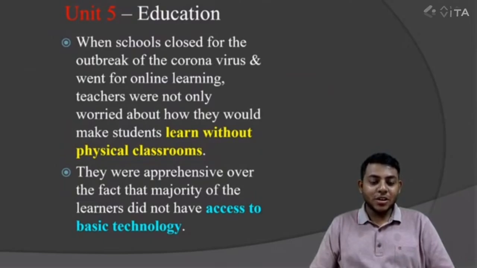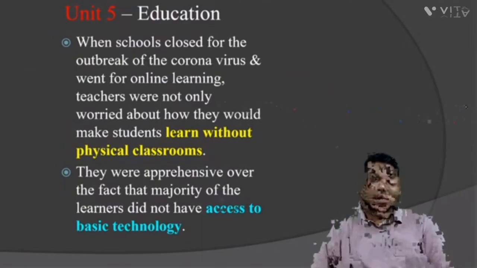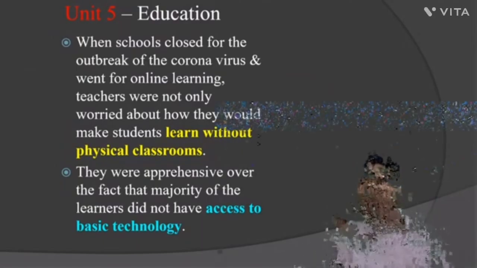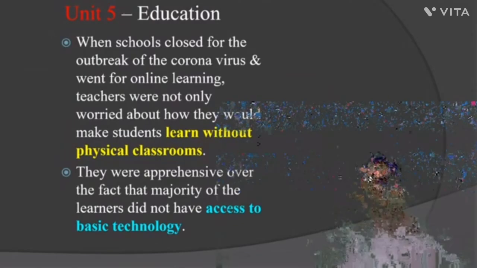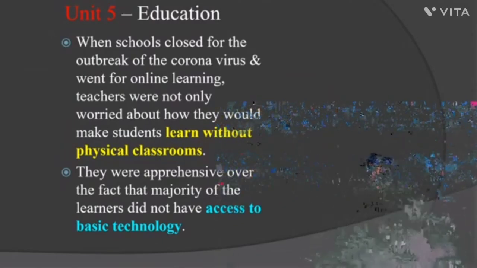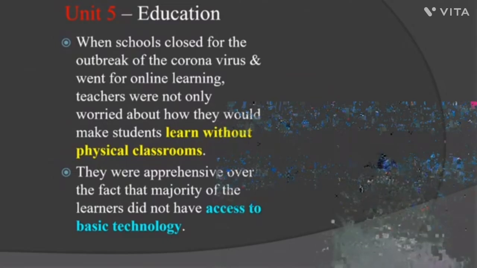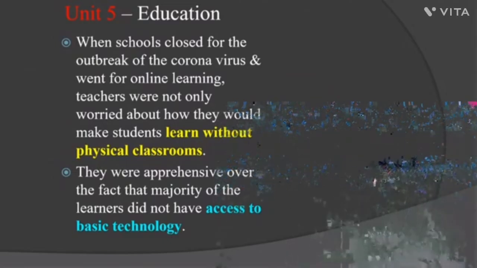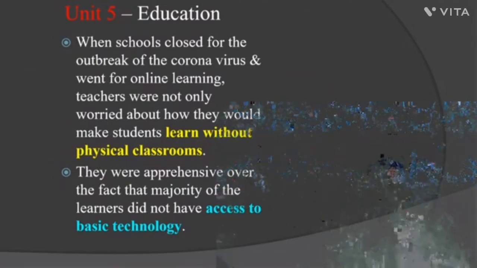A large section of the underprivileged and underserved population of our country did not have access to basic technology, that is mobile phones or laptops or mobile data, especially in the rural areas, the remote areas, the tribal areas, in the 5th schedule and 6th schedule areas.